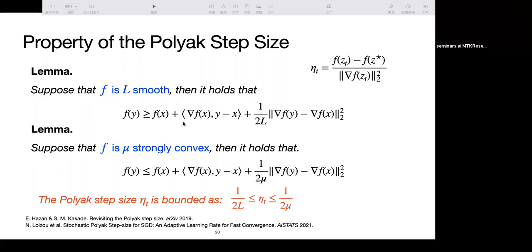So these two terms disappear. And after rearranging the inequality, we can get the lower bound. And similarly, the upper bound can be easily obtained.